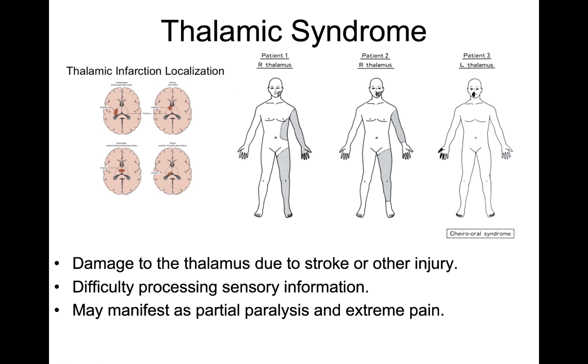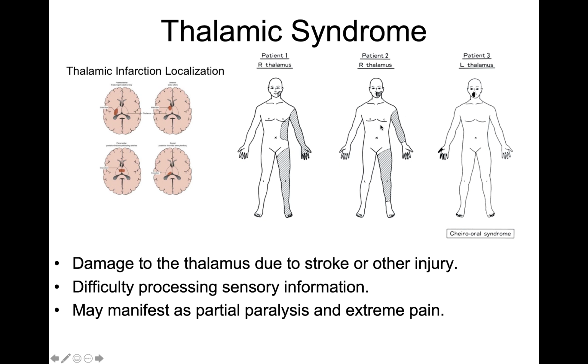Since the right side of the thalamus was damaged, if you touch this person in these areas, instead of feeling a finger or hand, he's going to feel pain. That's because the thalamus is damaged and the brain doesn't know what to do with that information. And instead of pain, this person can also have paralysis.